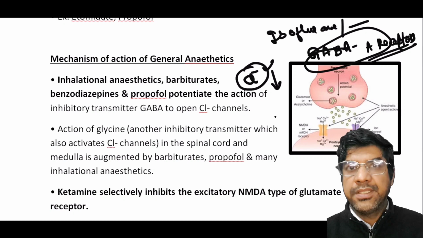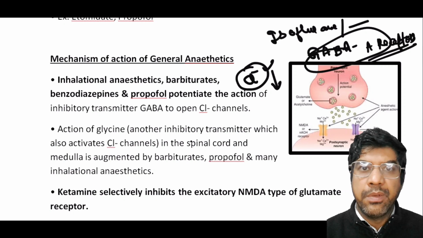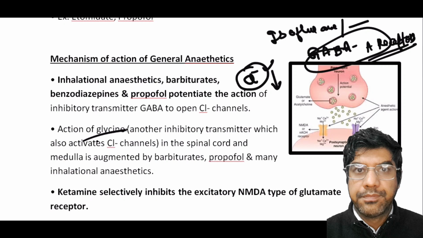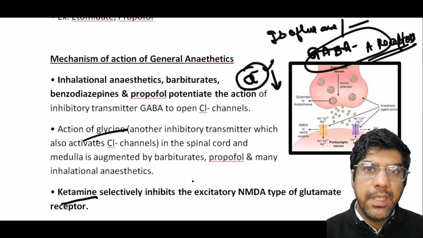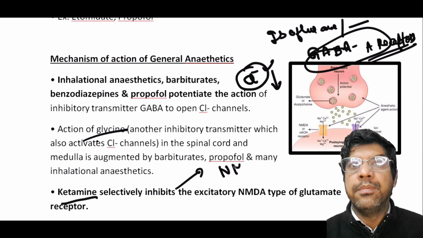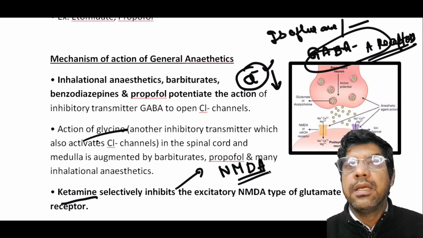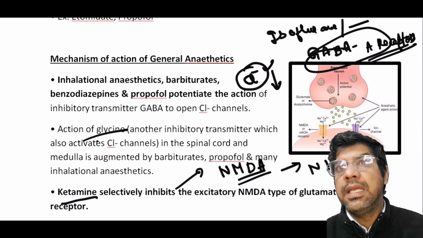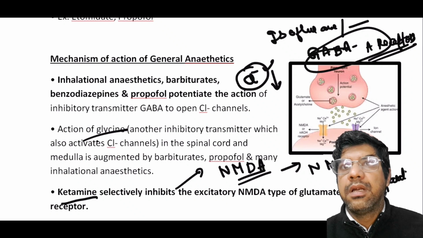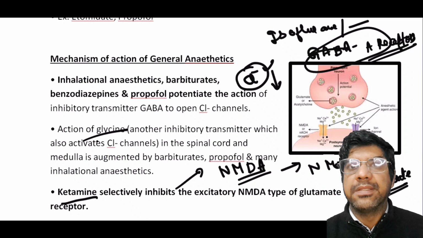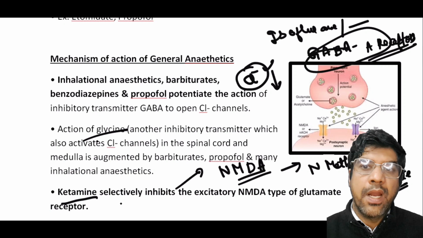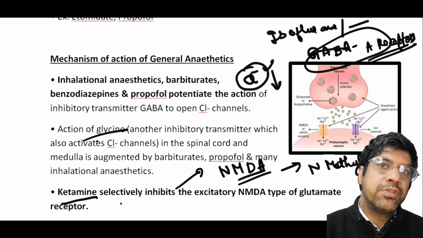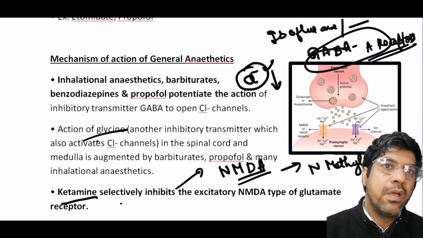What is the action of ketamine? You have to remember that. Remember that ketamine acts on the NMDA, that is N-methyl D-aspartate, type of glutamate receptors. So remember, for your entrance exam, which of the following blocks the NMDA type of receptors?